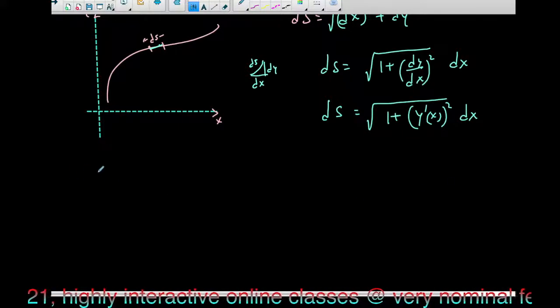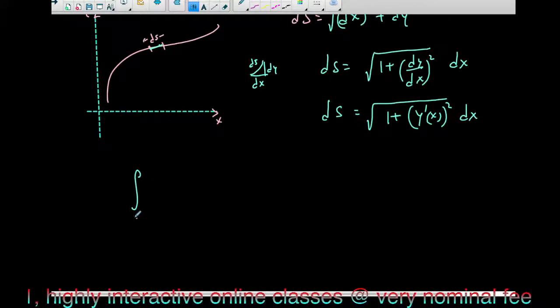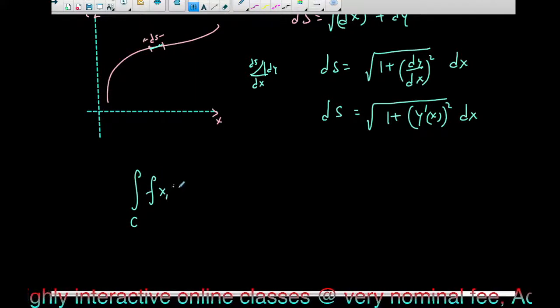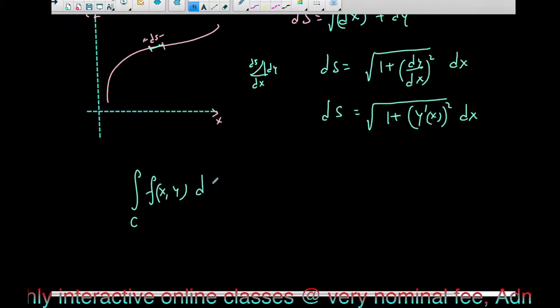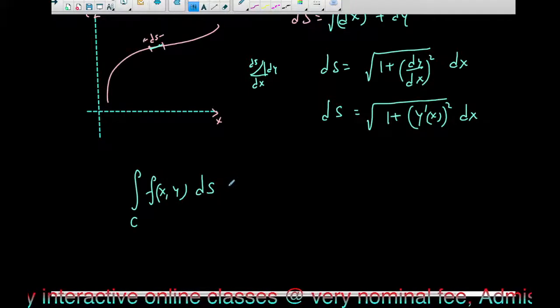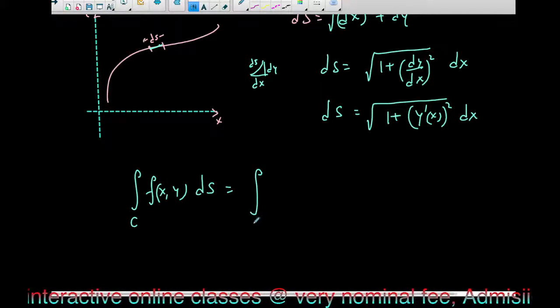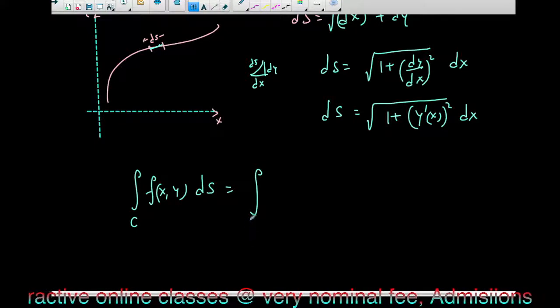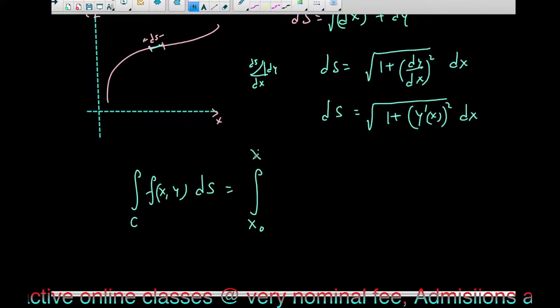So then what we have here is the integral over c, this is the line integral, f of x comma y ds, from the initial position to some final position.